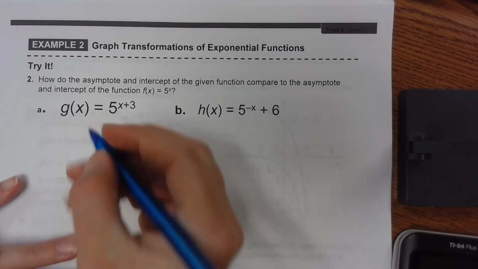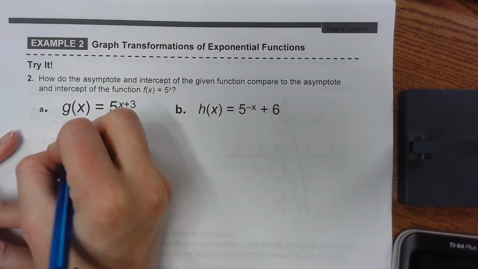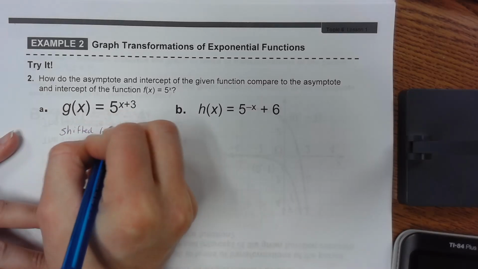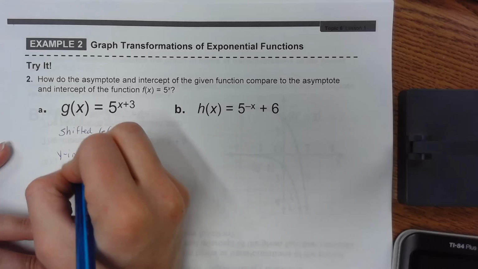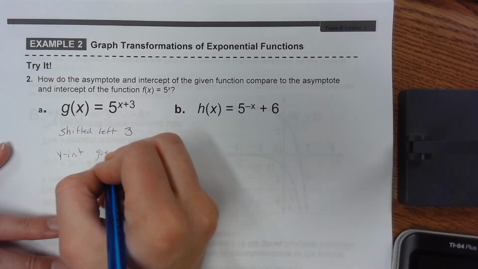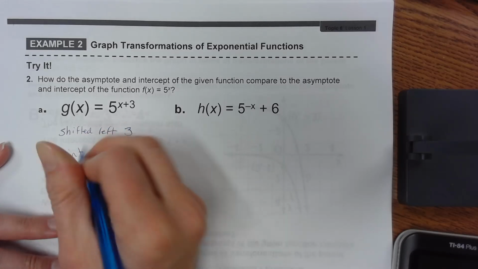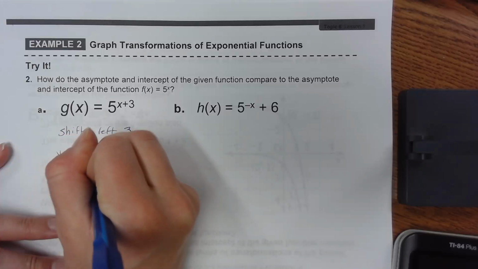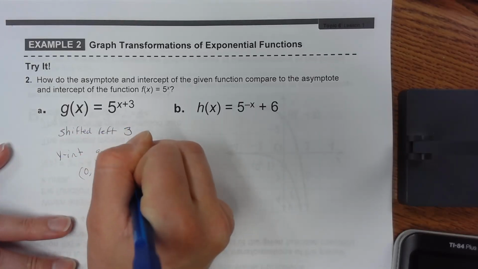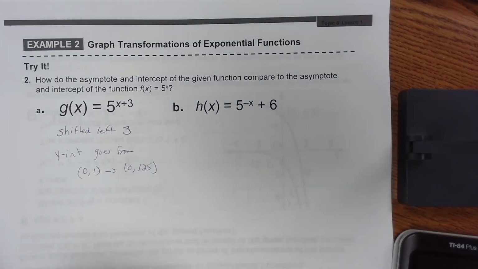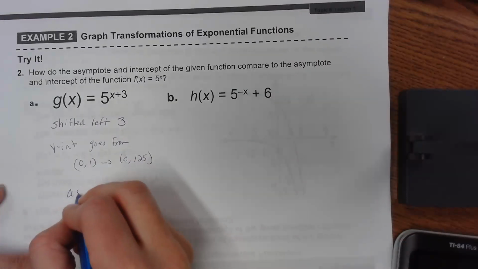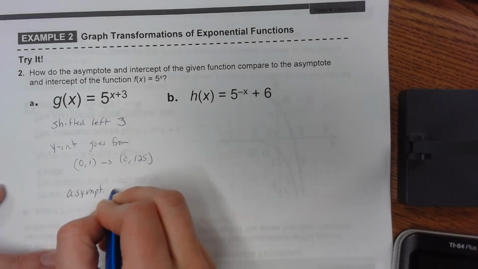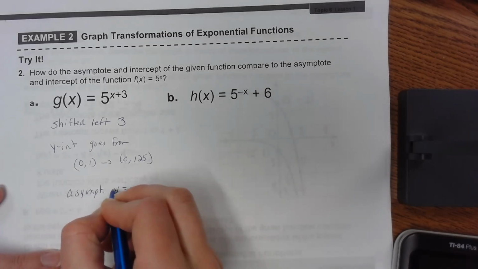Alright, let's see how you did. So this should have been shifted left 3. The y-intercept goes from 0, 1 to 0, 1.25. Okay, and the asymptote on this one actually is going to stay the same.